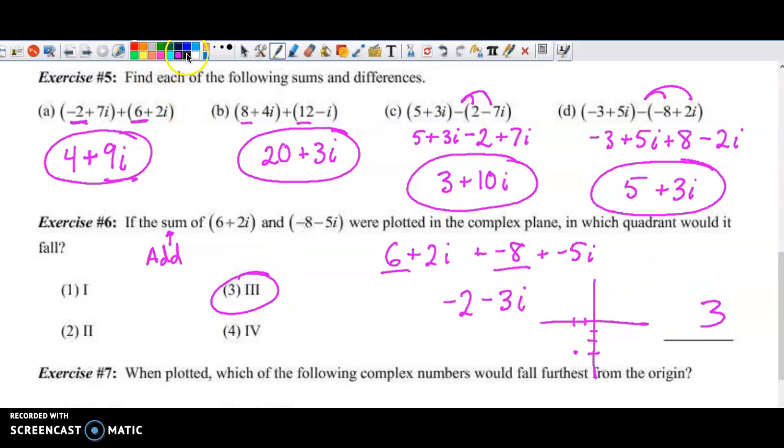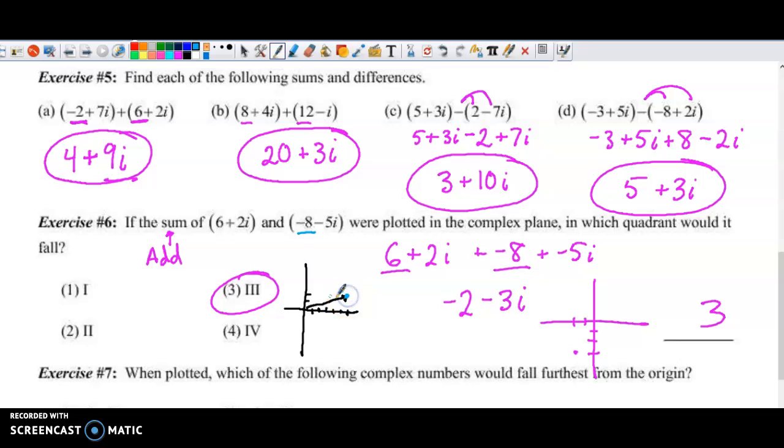Now, if anyone's curious, what you could actually do is plot each one of these individually. So 6 plus 2i, and you might learn this about vectors. From this point, you can move 8 on the real axis.